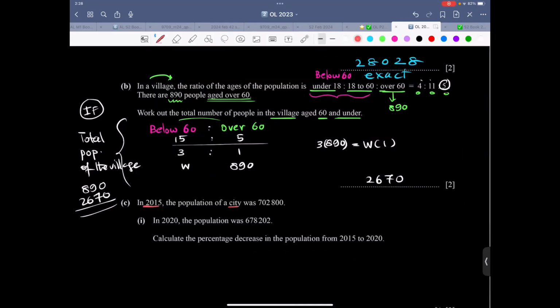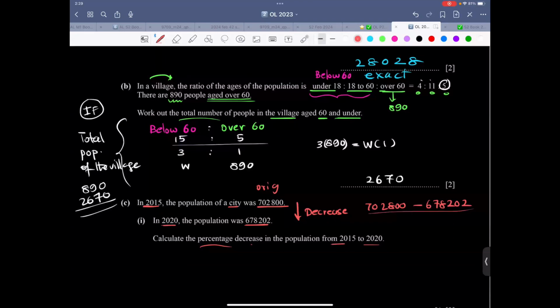In 2015, the population of a city was this. In 2020, the population is this. There is a decrease. So how much is that decrease? That is 702,800 minus 678,202. We take the positive value. That is the decrease. Now the original population is the population in the past, 2015. Calculate the percentage decrease in the population from this year to this year.